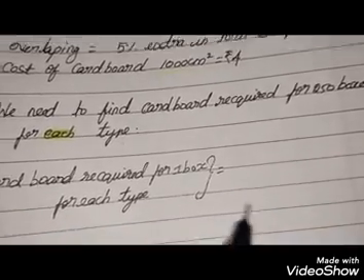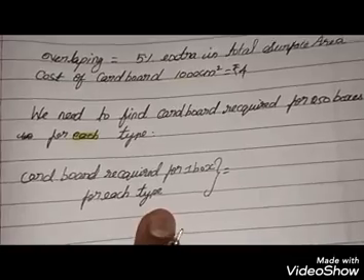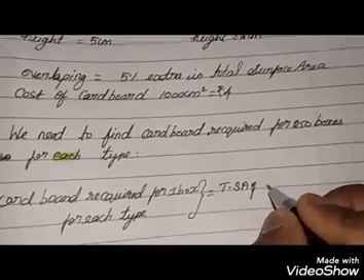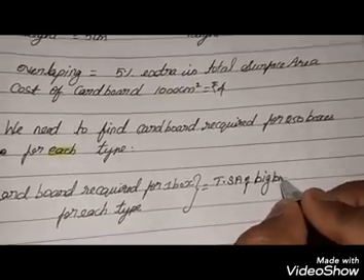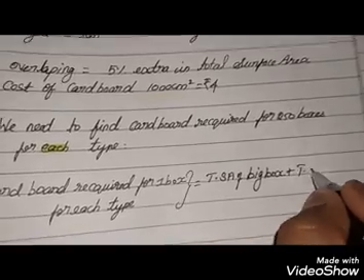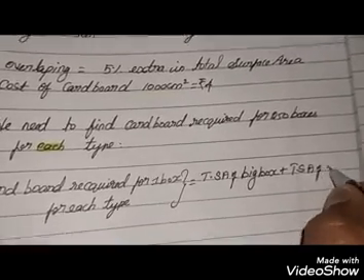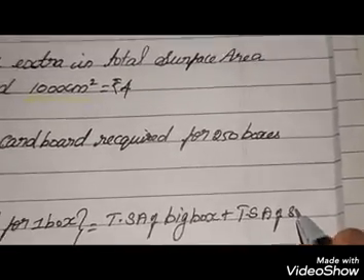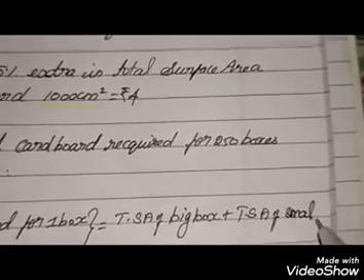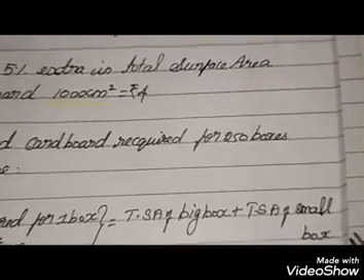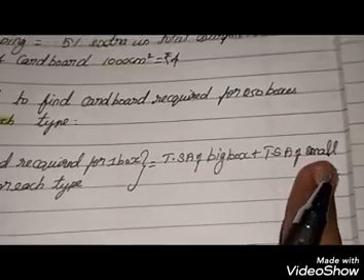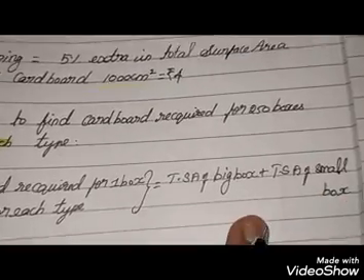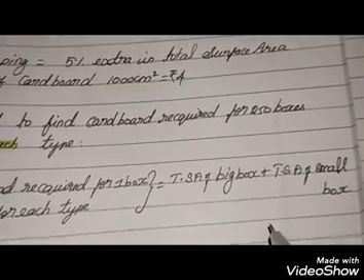Which is equal to the total surface area of a big sweet box plus the total surface area of a small box, and we need to add the 5% extra.